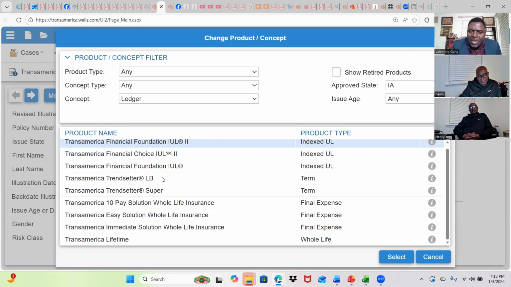This Transeta LB is with living benefits. This Transeta Super is pure term, no living benefits. All of these are what we call final expense, 10-pay whole life. Final expense is if you want a policy for just about 10, 20, 30, 40, maximum 50,000, that just takes care of burial for that person. It's a small policy. This is great for people here who have brought their parents from Africa.